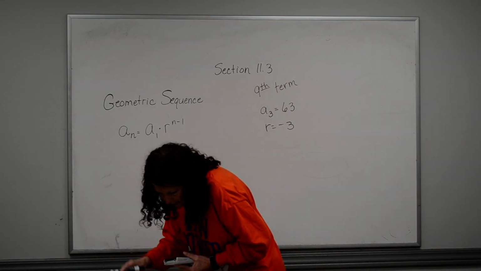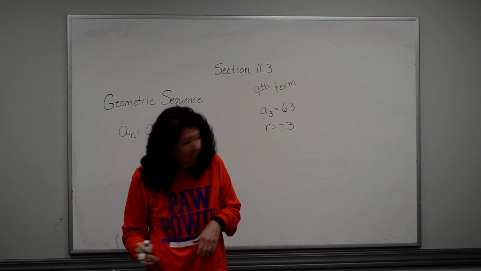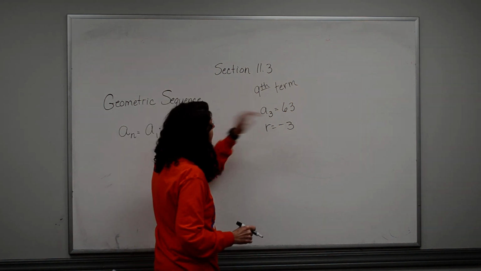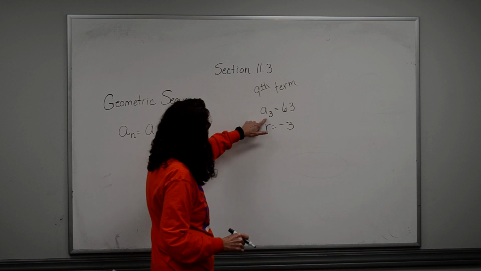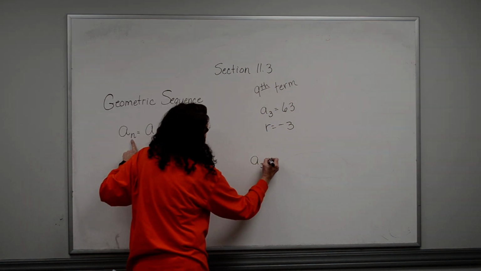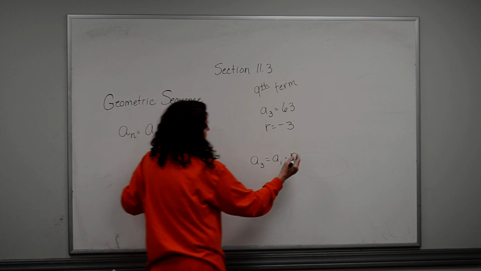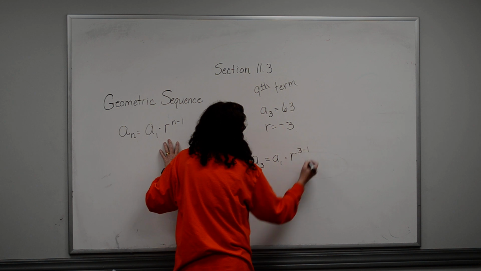Okay, so I can find the first term based on the fact that I have a sub 3. So I come over here and I go, well, a sub 3 is equal to a sub 1 times r raised to the 3 minus 1 power.